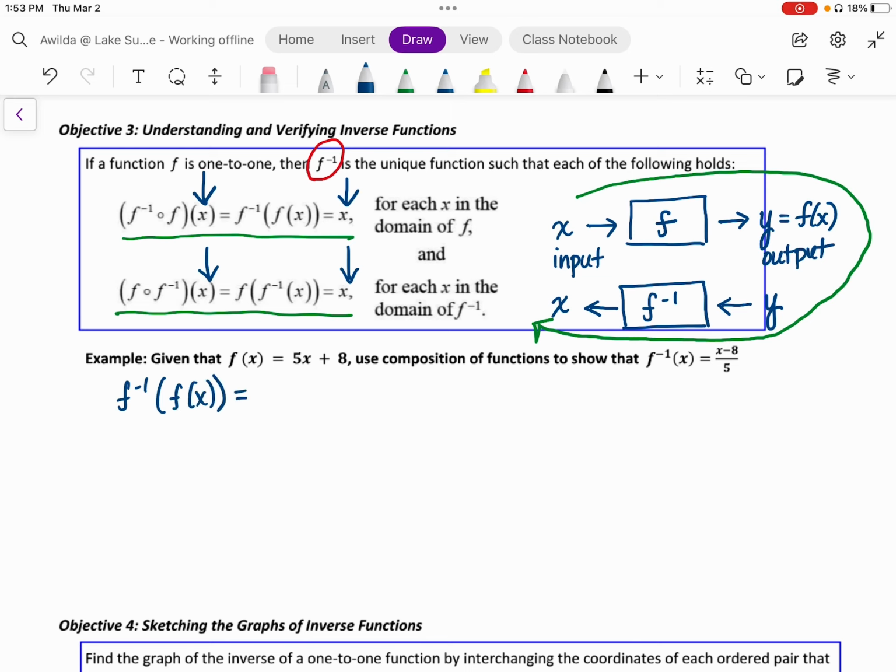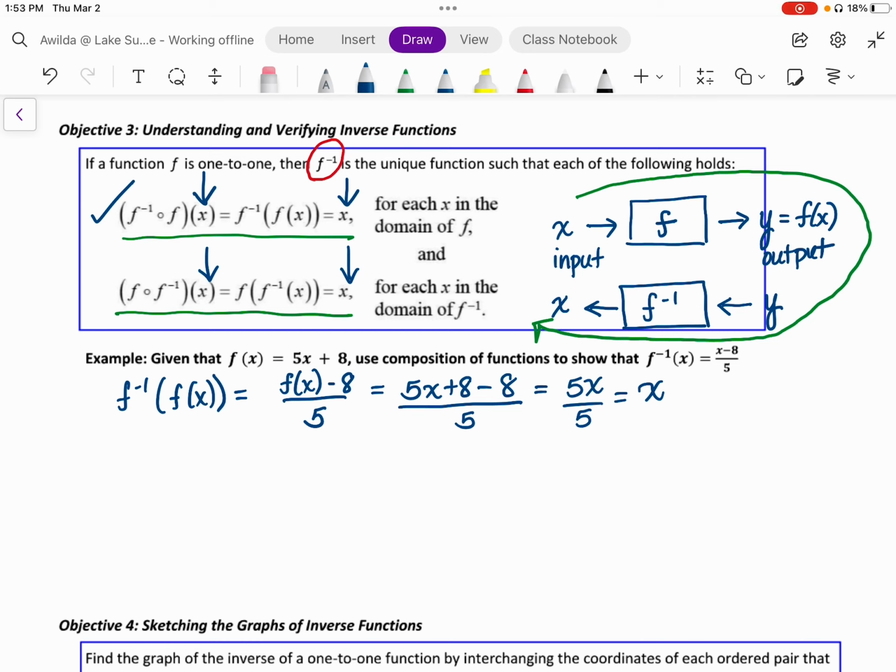The rule for f inverse is that we take the input, subtract 8 from it, and then divide it by 5. f of x is equal to 5x plus 8, so we'll make that substitution here. And so we get 5x over 5, which simplifies to just x. So that shows us that the first requirement is met.